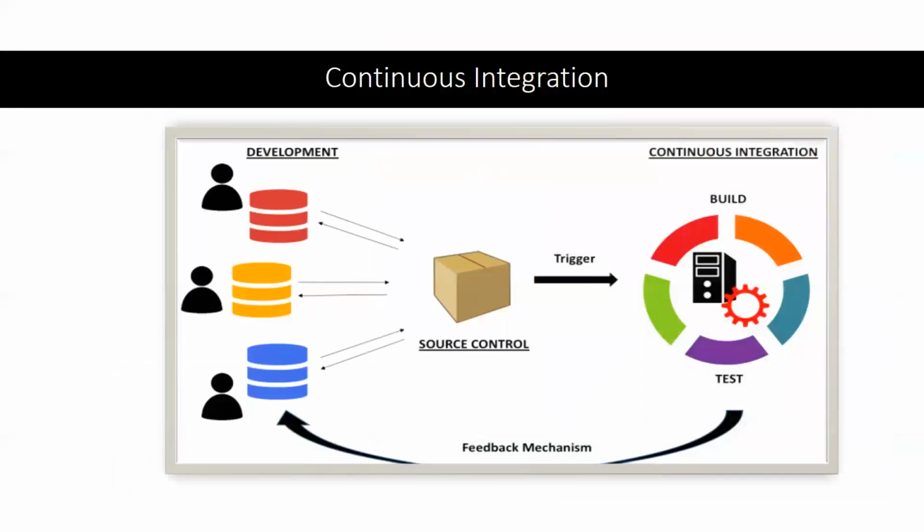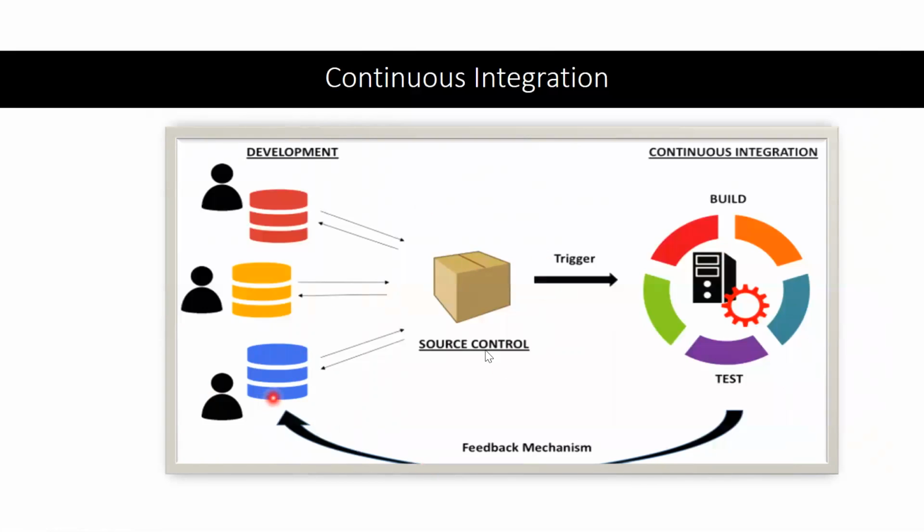If you see on the left hand side, there are some developers who are writing the code. These are three developers writing code into the source control, which is our GitHub. And there is a trigger. Whenever a change happens, it should be built, it should be tested, and feedback goes back to the developer.